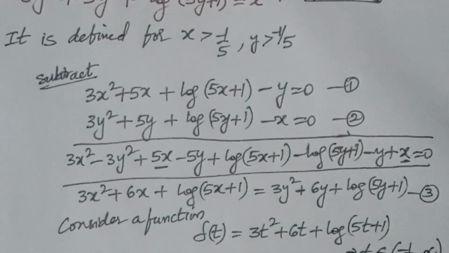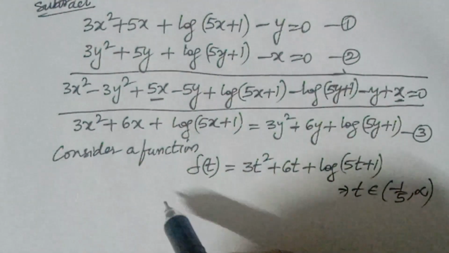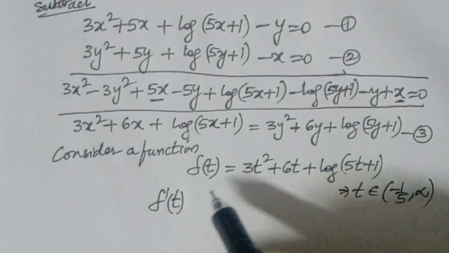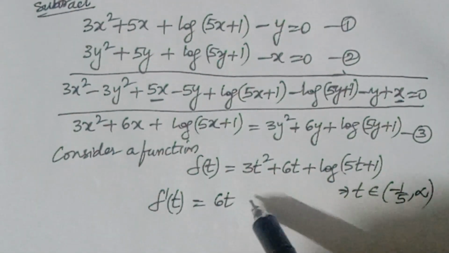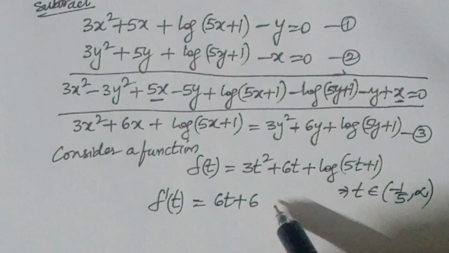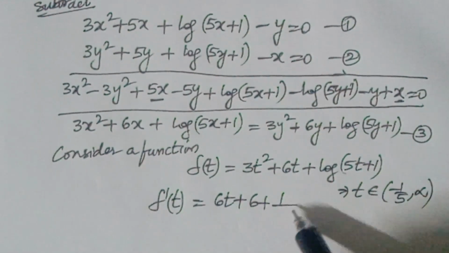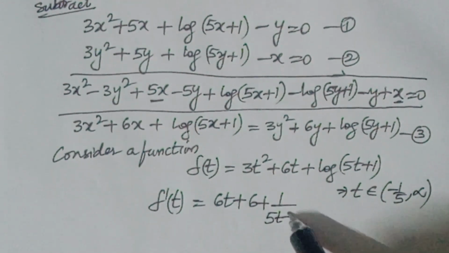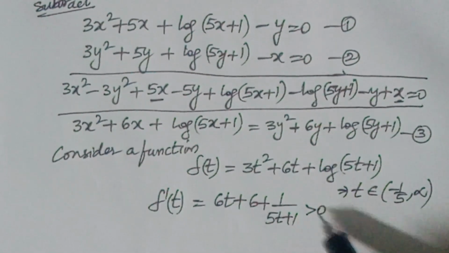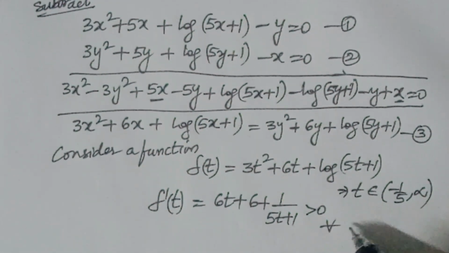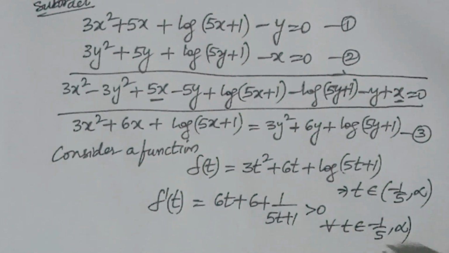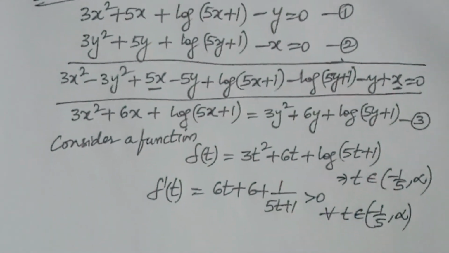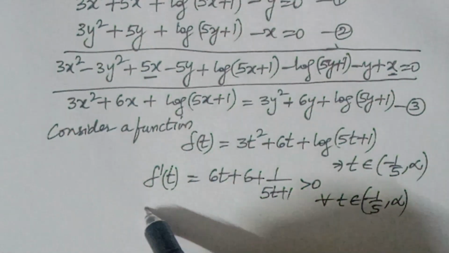If you find the differentiation, 6t + 6 + 1/(5t + 1) is greater than 0 for every t in (-1/5, infinity).